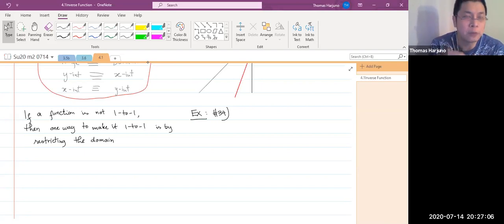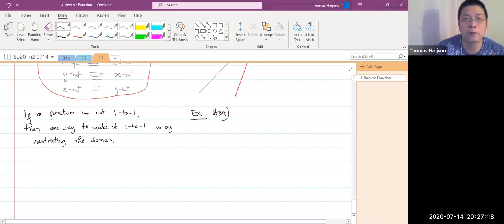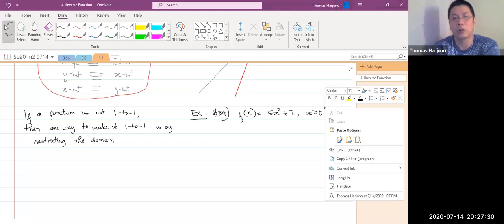Okay, now starting from this number 34 here is something you especially see in precalculus, you didn't really see in intermediate algebra. Suppose number 34, we have f(x) equals 5x squared plus 2, where you restrict that to only x greater than or equal to 0.